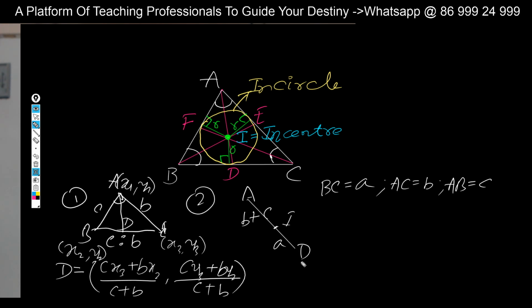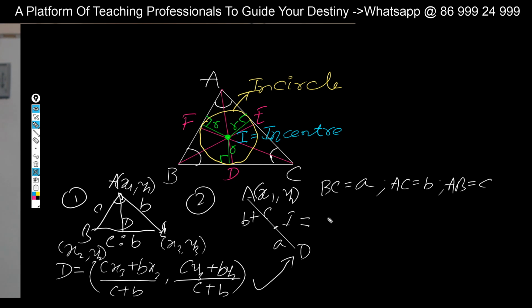We have already taken A as x1, y1. Now D we know. Again apply the section formula to find out I here. B plus C into this one, B plus C gets cancelled, and a into x1.